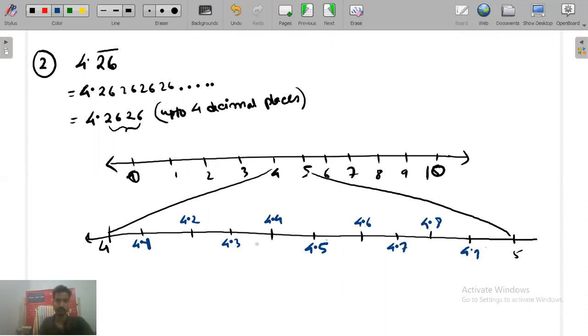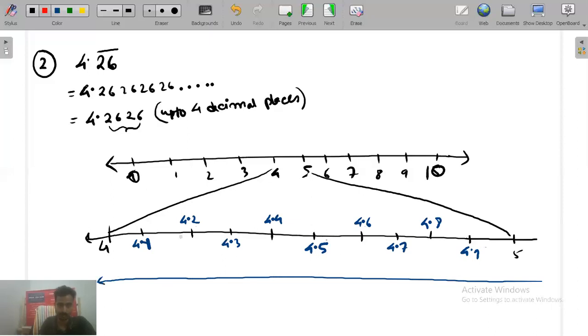Again see, 4.26 will lie between which two numbers? It will lie between 4.2 and 4.3. So again you have to draw one line, with 4.2 here and 4.3 here.